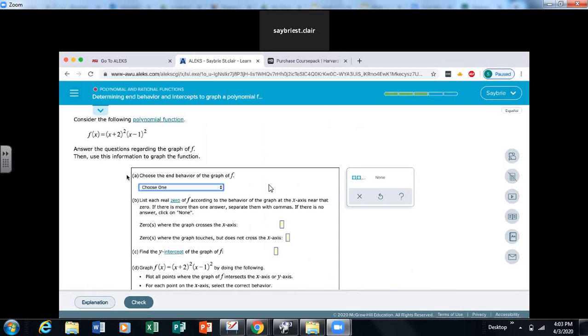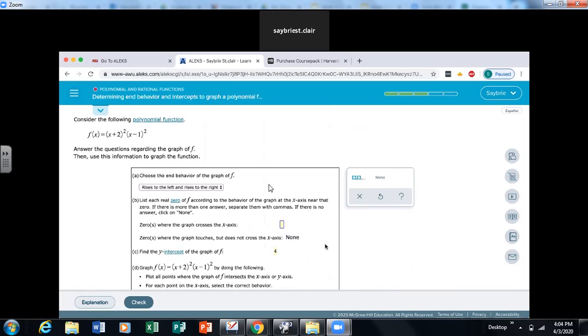Yeah, mine looks like a W that touches at -2, it touches at 1, but it doesn't cross. It looks like my Y-intercept is 4. Looks like it's rising left, rising right. Crosses x-axis, none.